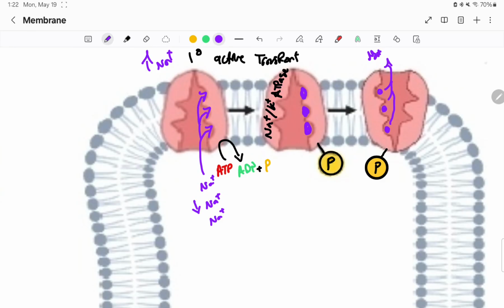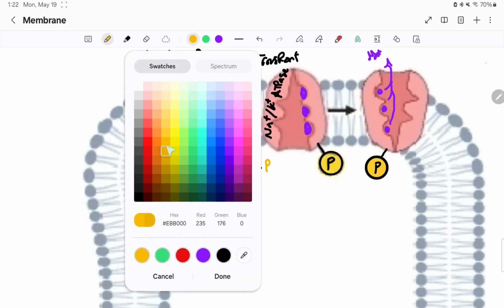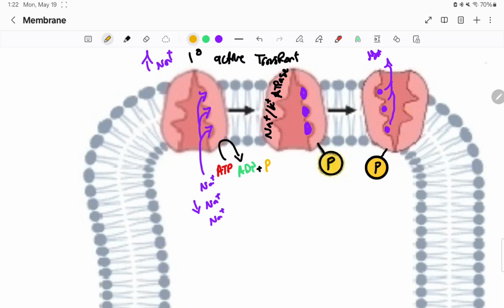Great. Now, something else is going to come in though, because in this configuration, there are two high affinity binding sites for potassium. So watch this. Two will come and bind. And this is the funny part.